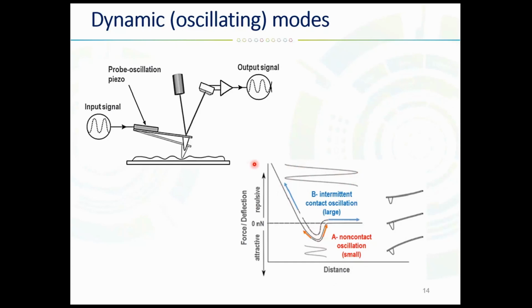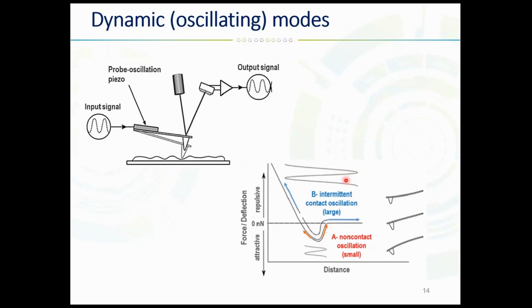This technique involves very large probe and sample forces and can be a bit more disruptive, but it's much easier to implement. This kind of technique is usually called intermittent contact mode AFM.